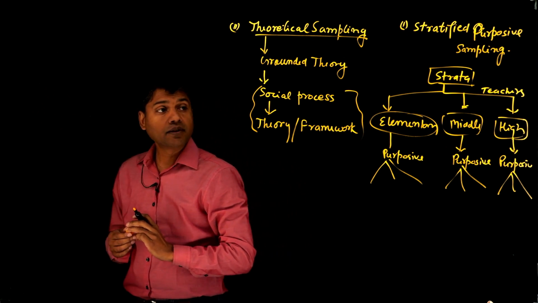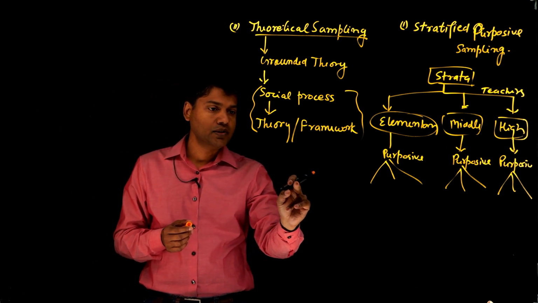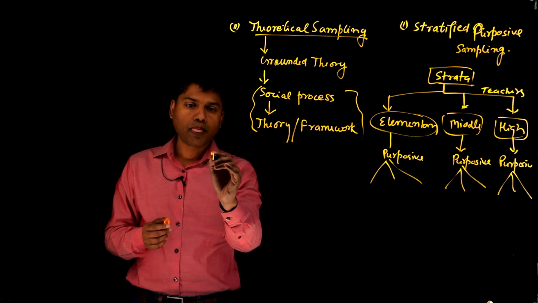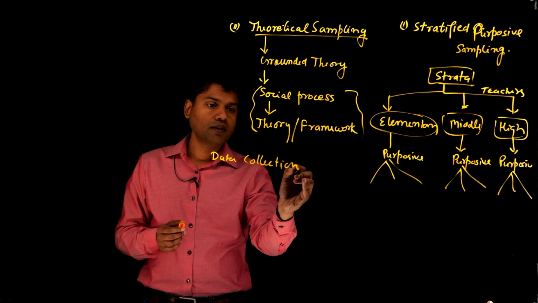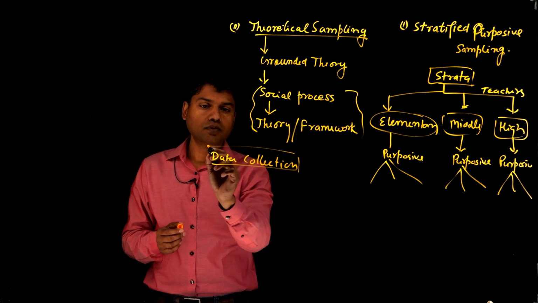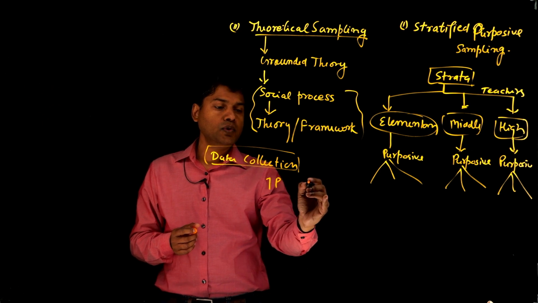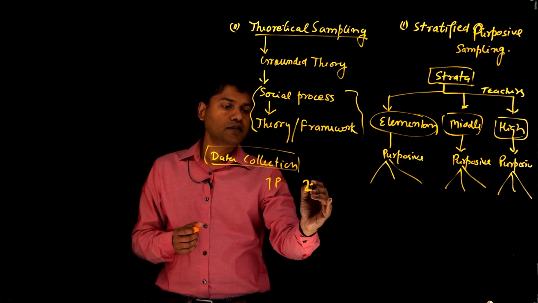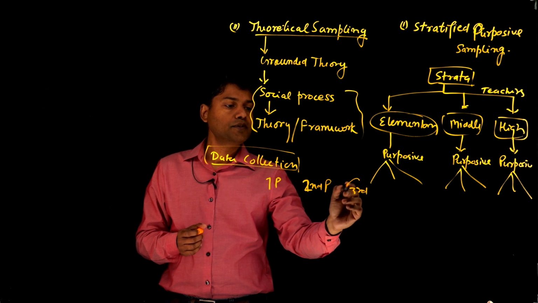So what happens in grounded theory? You start with your data collection where, let's say, you interview the first participant, then you interview, let's say, the second participant, and let's say the third participant.